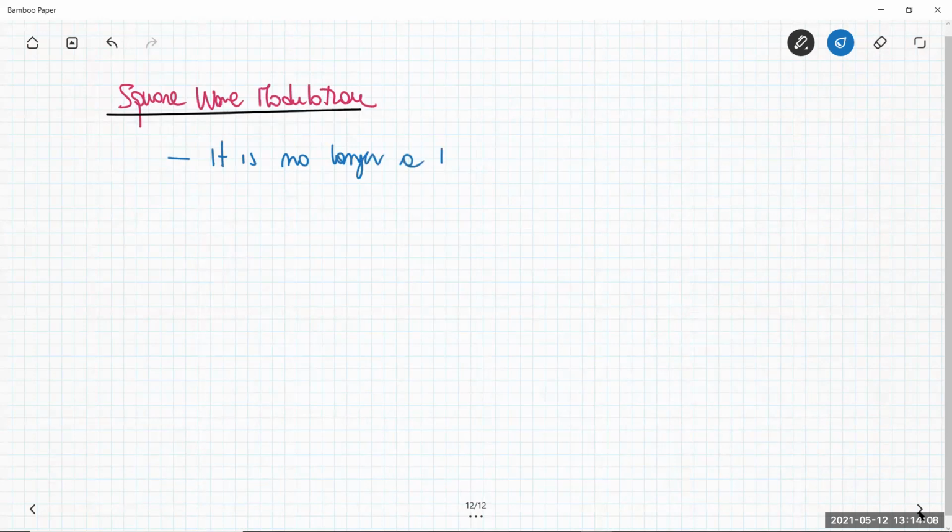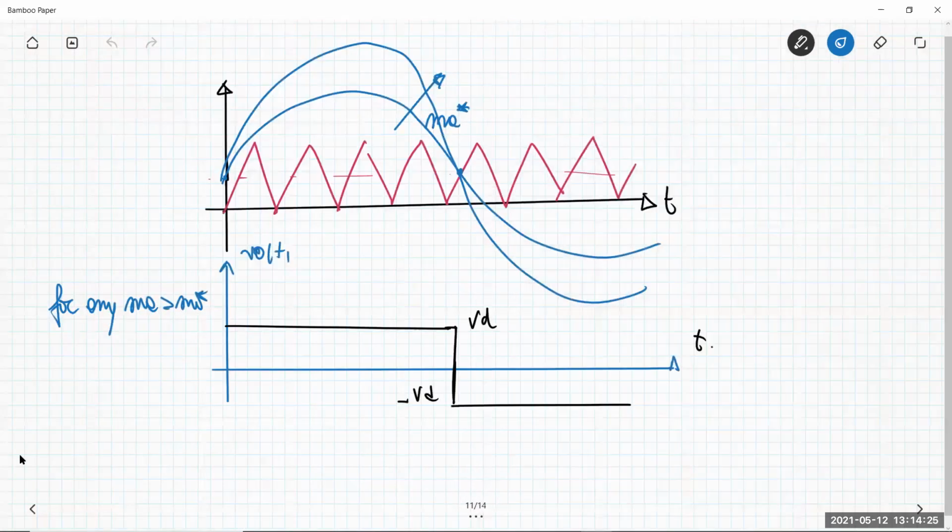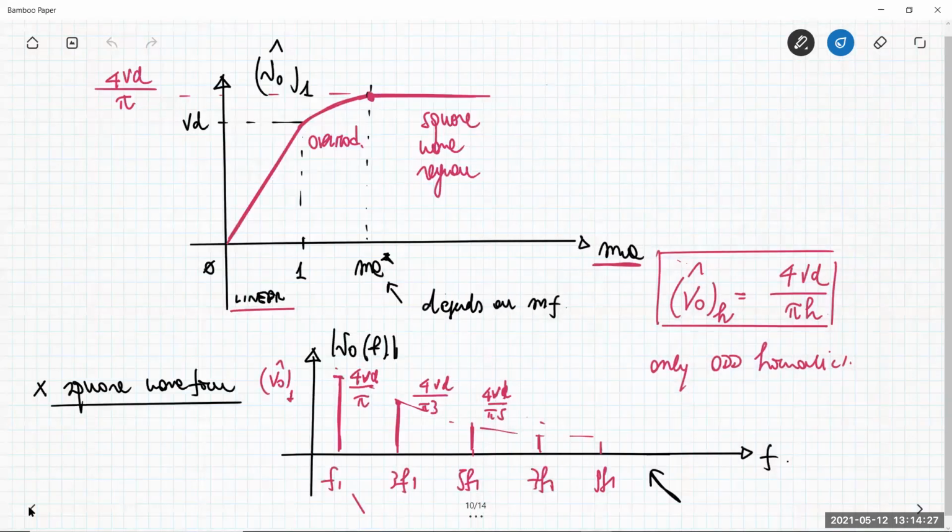It is no longer a pulse width modulation. Look at what happened. Look at this output waveform that I have here. What can I change in the output voltage?